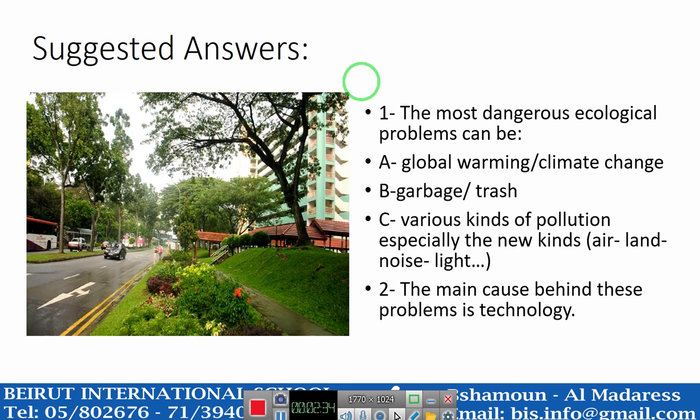And pollution could lead to many other dangerous problems.